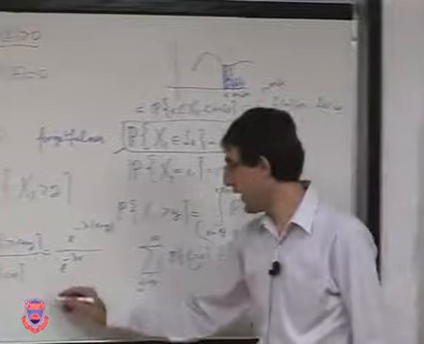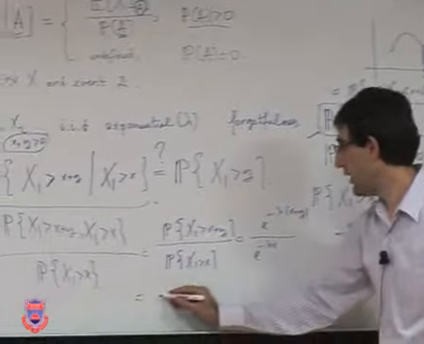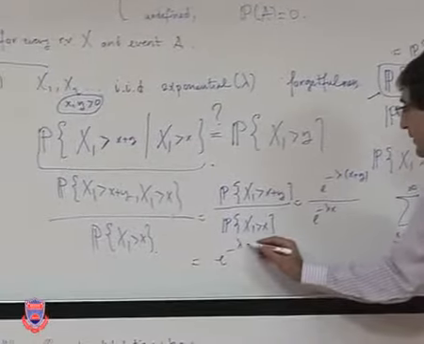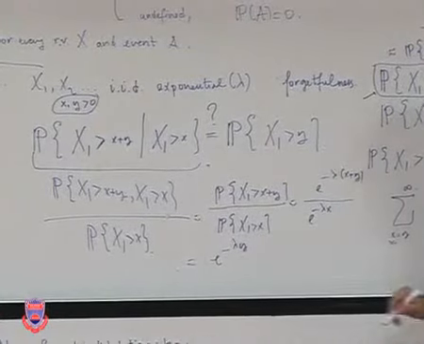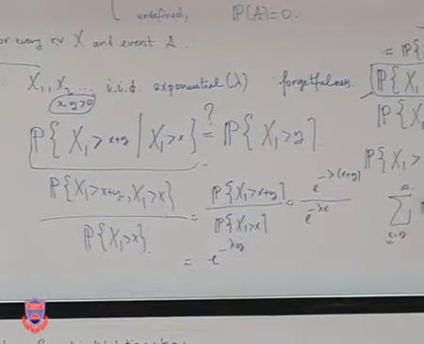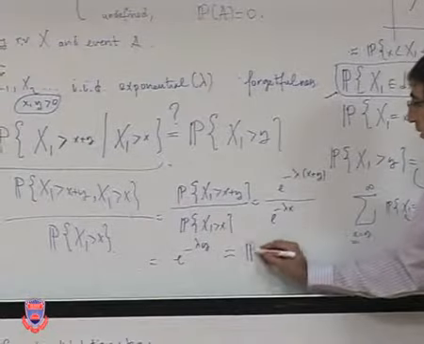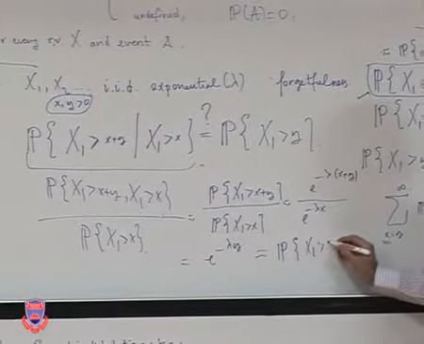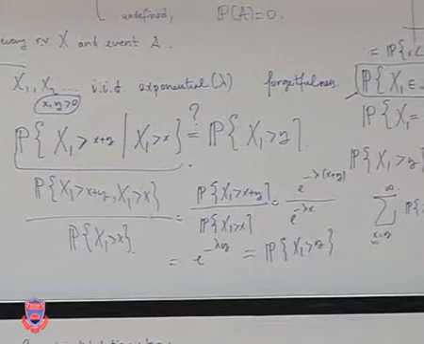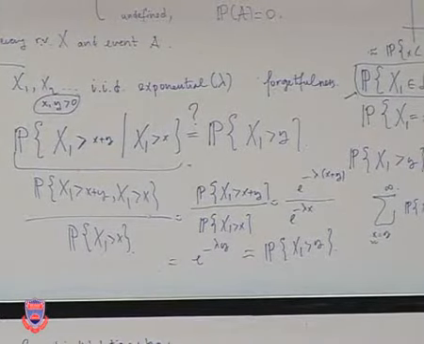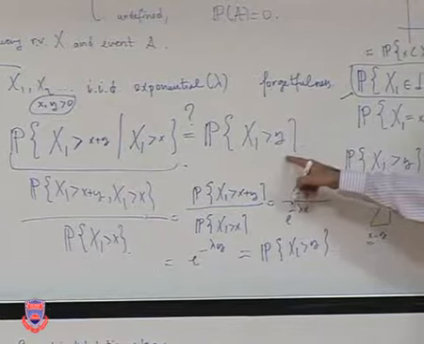And there are cancellations, right? You get e to the minus lambda times y. But that's the right-hand side of this expression. Namely, this is nothing but the probability that X1 is greater than y. Am I right? Right. So that's the formula.